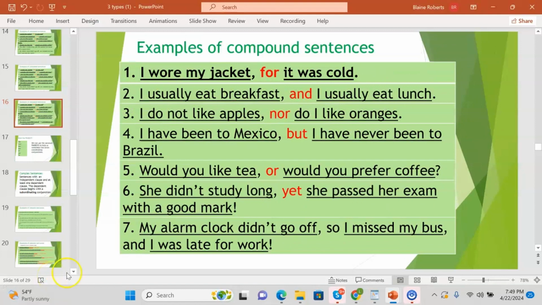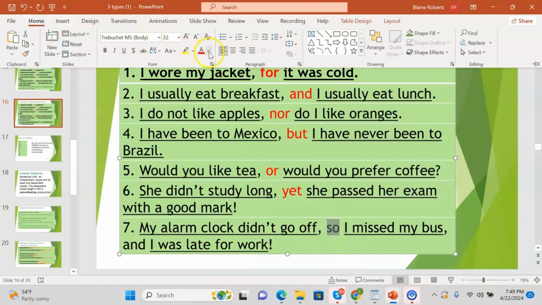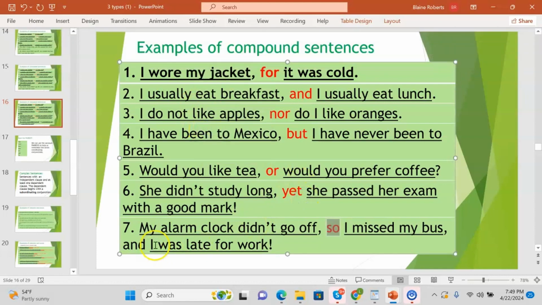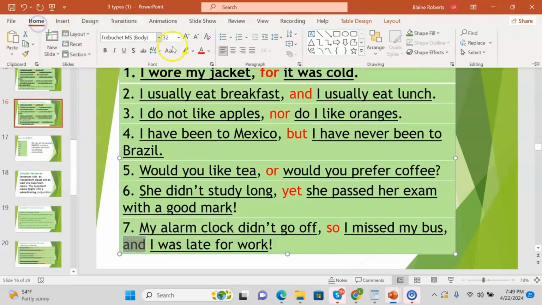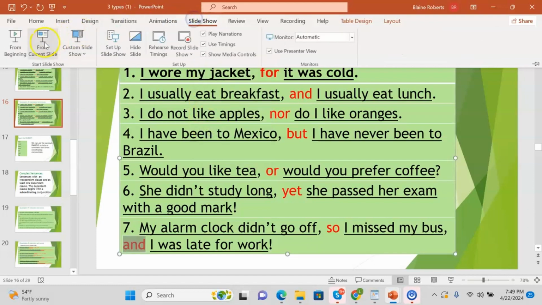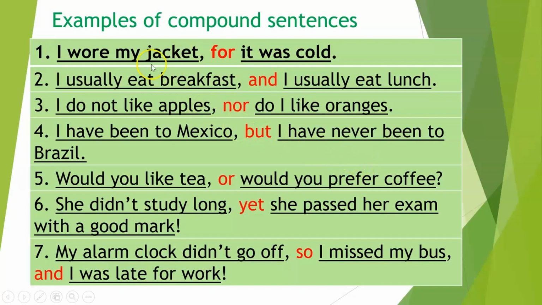Now, you know what? I should put this in red because these are also what we call conjunctions. So we've got so and we've got and, these are what we call conjunctions. So again, we've got independent clauses joined using these words: for, and, nor, but, or, yet, and so.